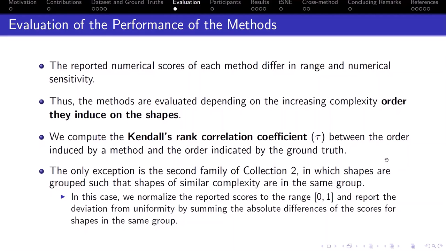The only exception here is the second family of collection 2, because their shapes are grouped such that shapes of similar complexity are in the same group, and ideally the shapes in the same group would have the same complexity scores. So instead of using Kendall, we are using non-uniformity score basically to evaluate the performance of the methods there.